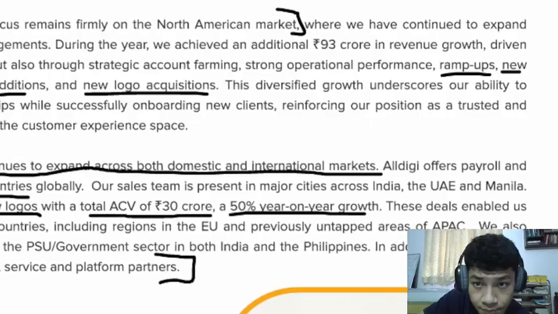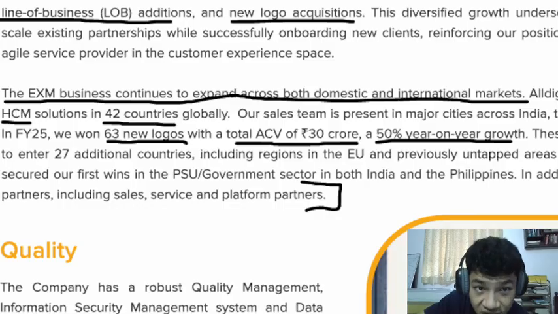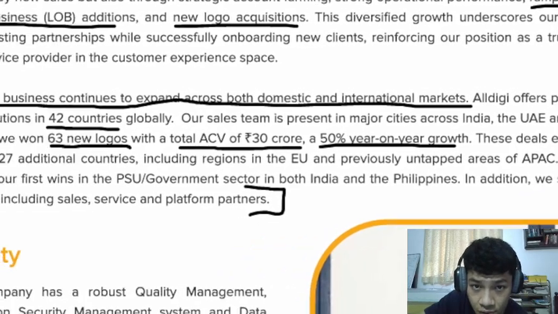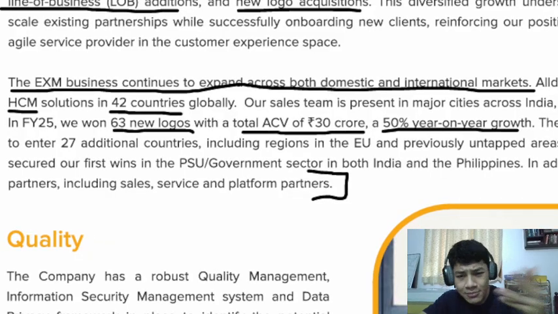All right. Then we read this. The EXM, Employee Experience Management, business continues to expand across both domestic and international markets. Alldigi offers payroll and human capital management HCM solutions in 42 countries globally.